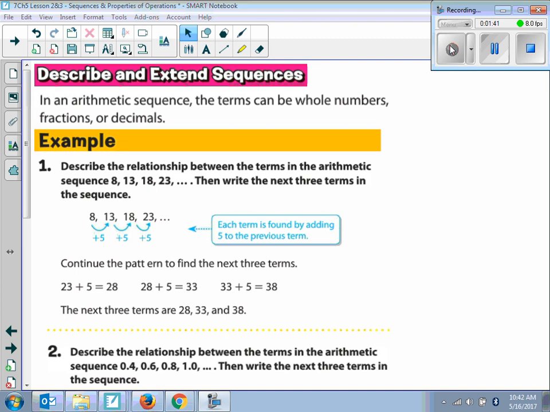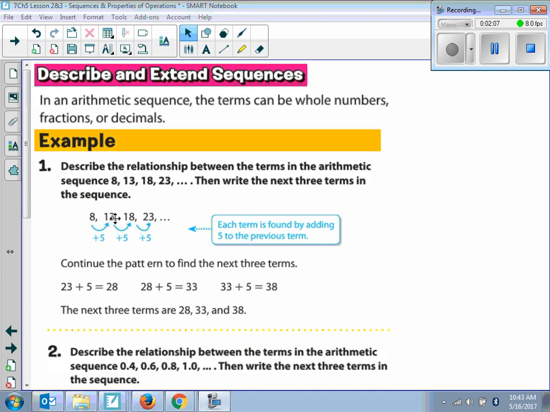All right, so we're going to describe and extend sequences. In an arithmetic sequence, the terms can be whole numbers, fractions, or decimals. In this first example, we have whole numbers. We're going from 8 to 13 to 18 to 23. And each time, to get from the previous number to the next one, we're going to add 5.